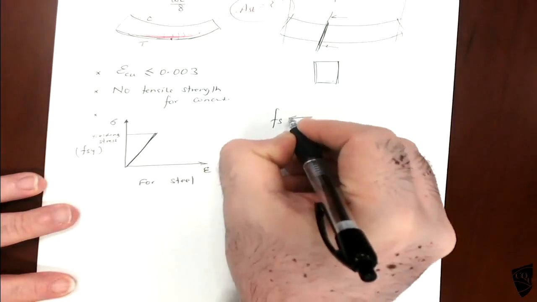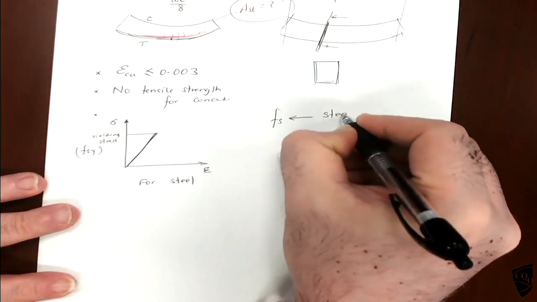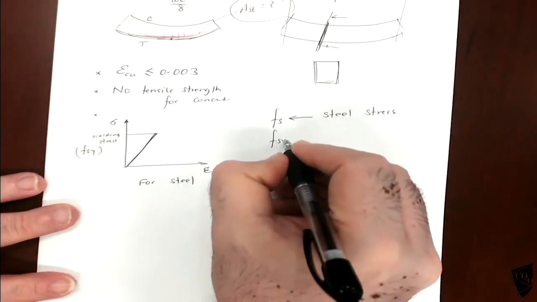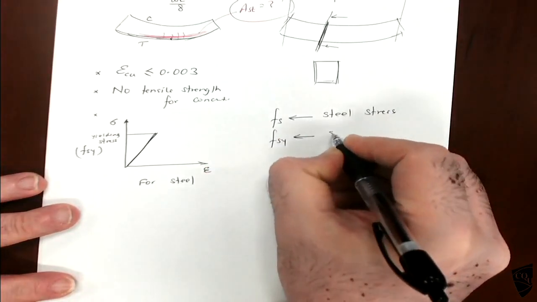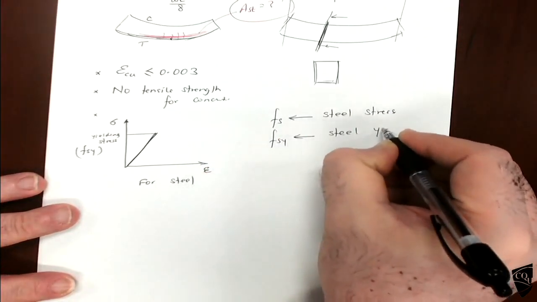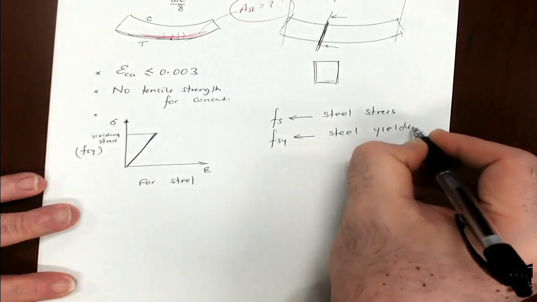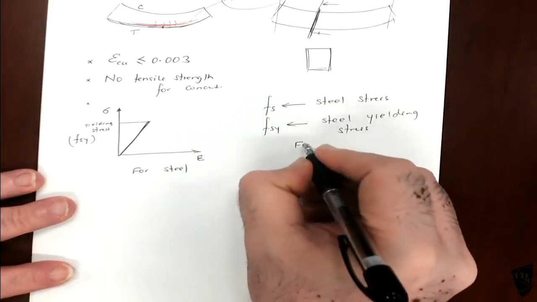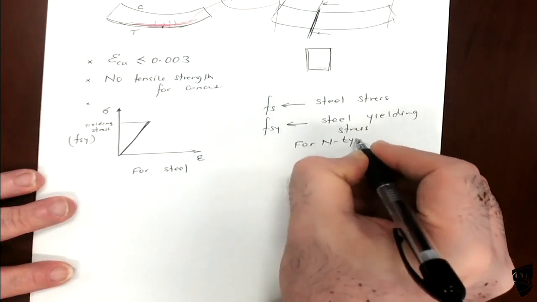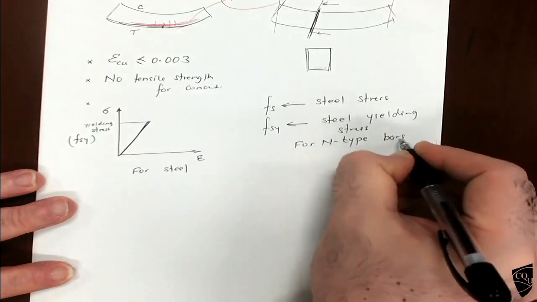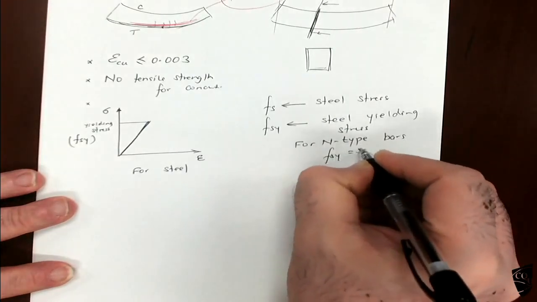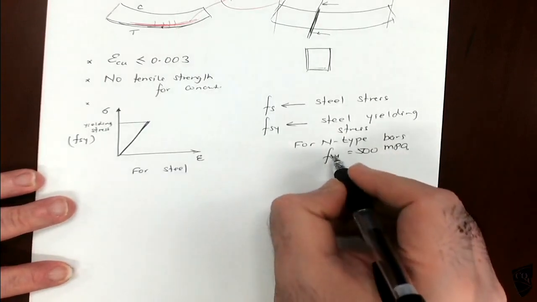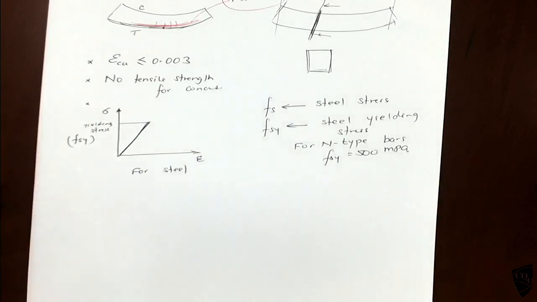Fs is the steel stress. Fsy is the steel yielding stress. For N-type bars, Fsy is equal to 500 MPa.